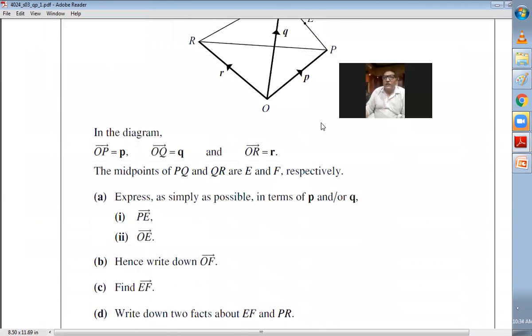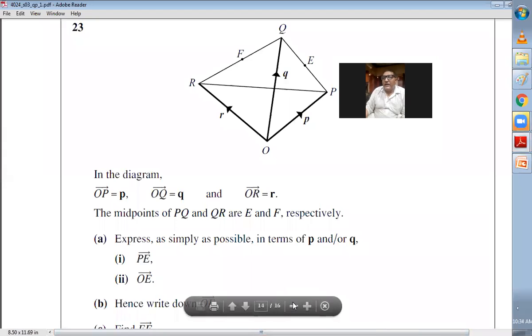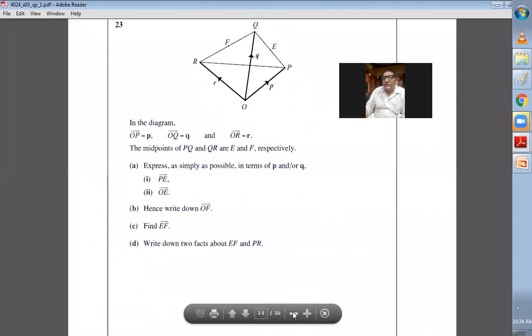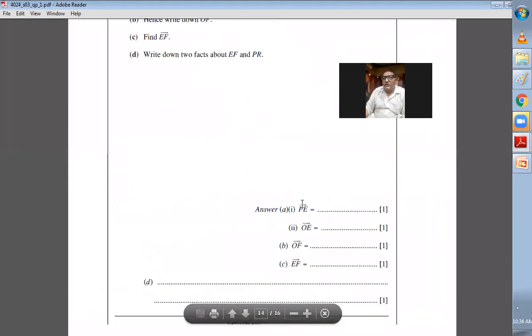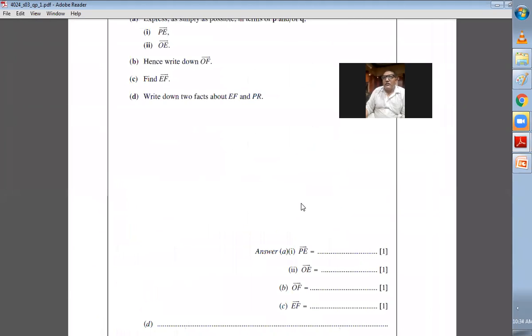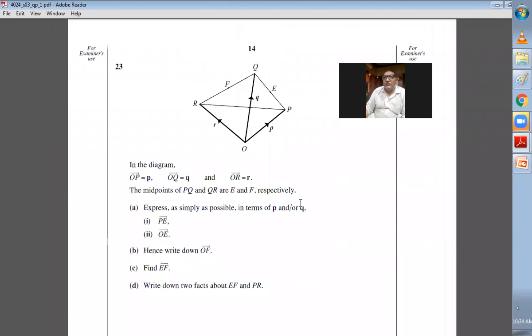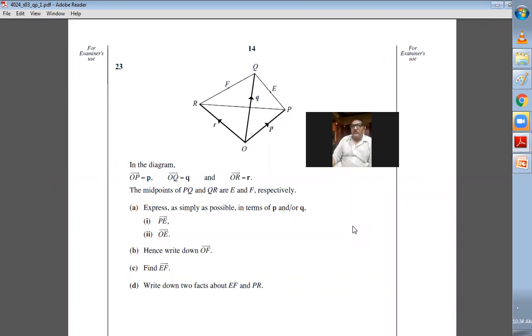So here we have, let me reduce the size. This is question number 23, showing up on your screen. In the diagram, OP, from O to P, is small p.